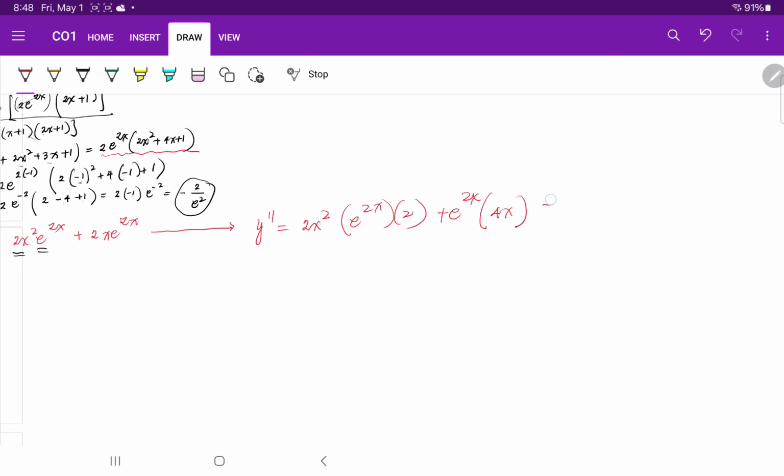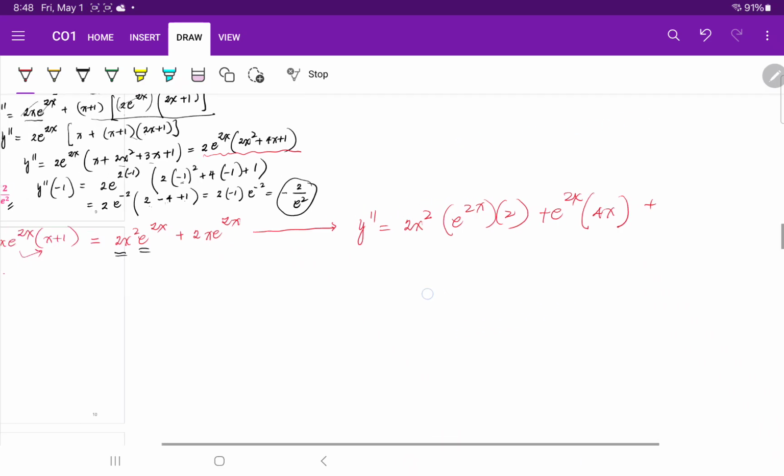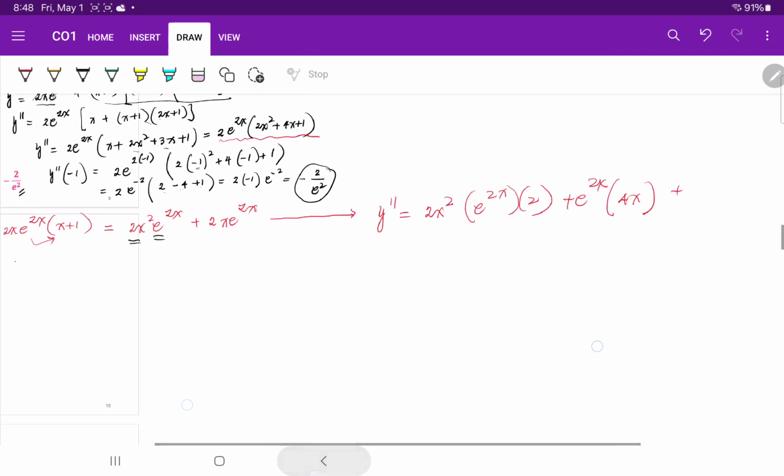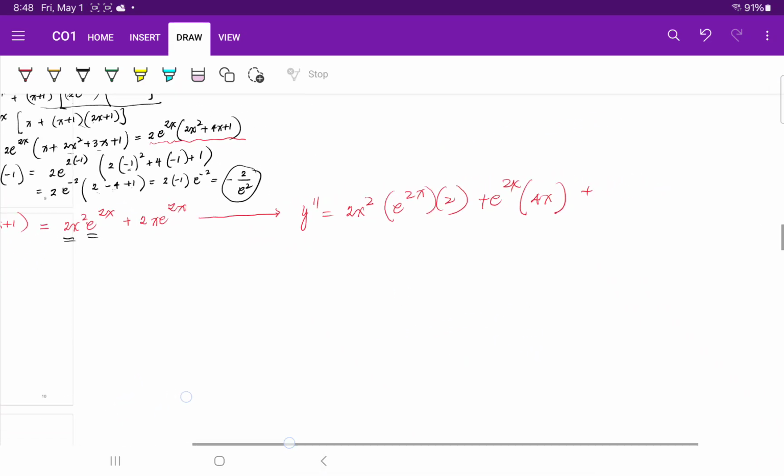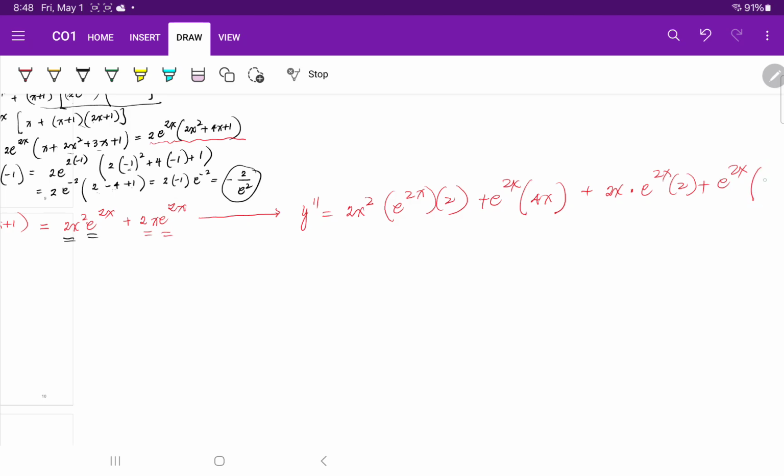Plus, what's the next one? We have 2x. Because again, you have a product here. So we copy 2x. Derivative of e to the 2x is e to the 2x times 2. Plus, we copy e to the 2x times the derivative of 2x, which is 2.